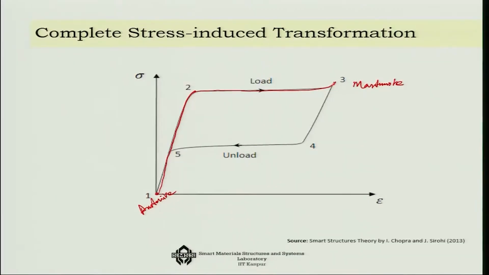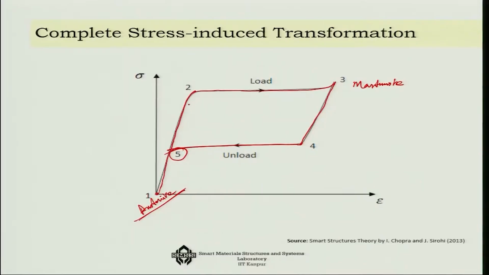and I am going back to the martensite phase, and then from that phase I am reducing the load again, and then if I reduce it first, initially it is once again elastic, and then the huge change, and it comes back to number 5, and then if you further reduce it, it will be at that austenite stage itself.